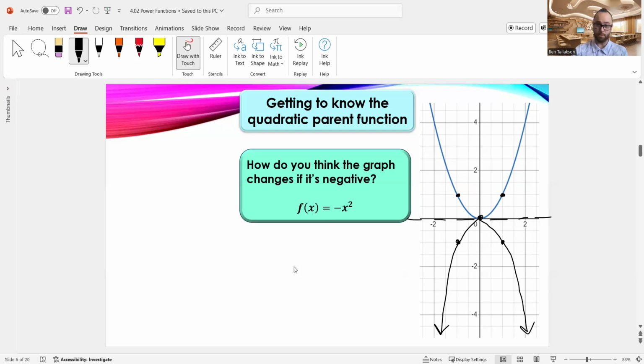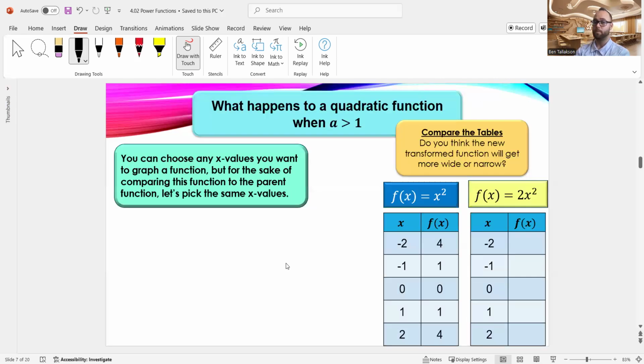But there are more, several more. One of them being when a is greater than 1. So the leading coefficient is greater than 1. Okay? Like I said before, you can choose any x values you want to put in these tables, but we're really trying to see what's going on here. So we want to be able to compare this new function, this transformed function, to the parent function.